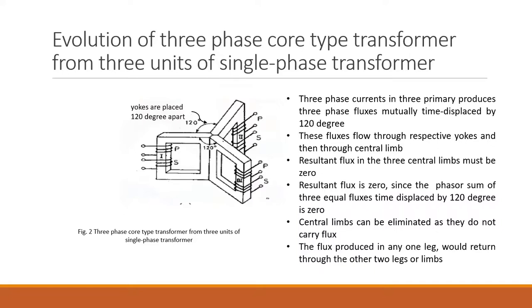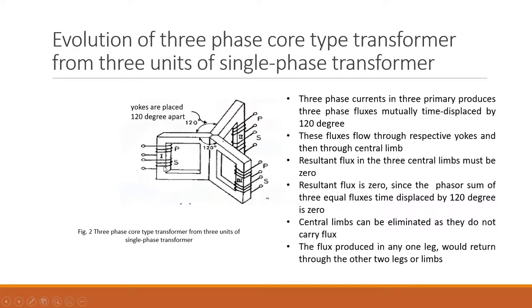So it is placed in this manner. What you could see is that when you place the three single phase transformers, their yokes should be placed 120 degrees apart. So you can see there is a difference of 120 degrees between the yokes of the transformers.